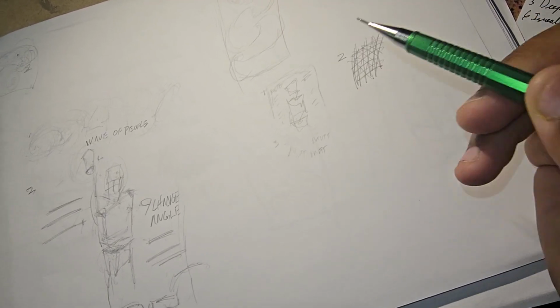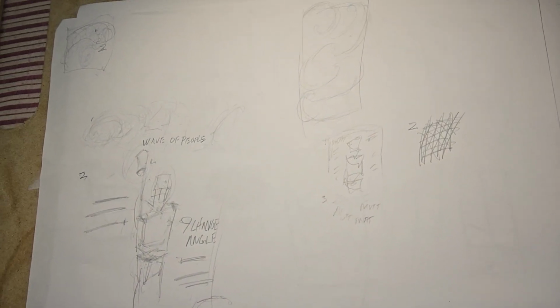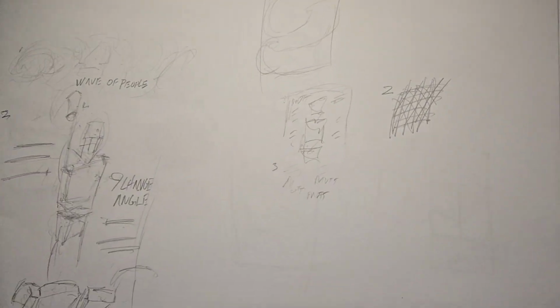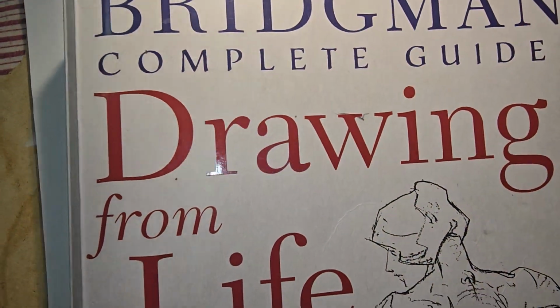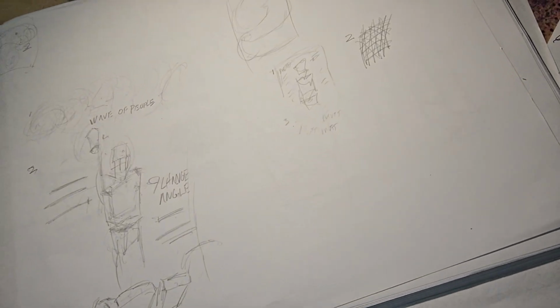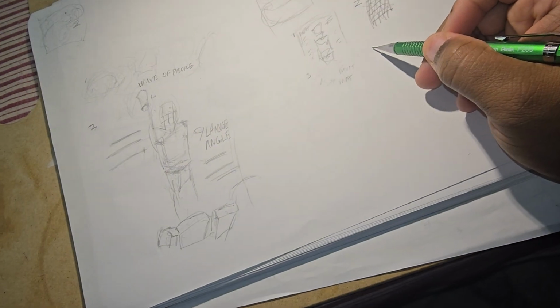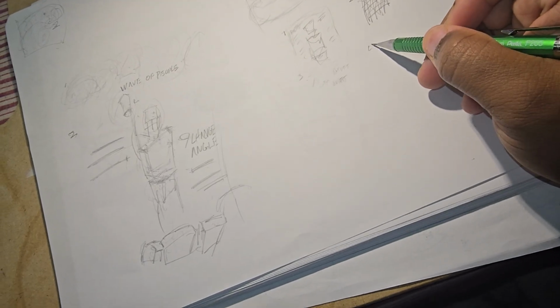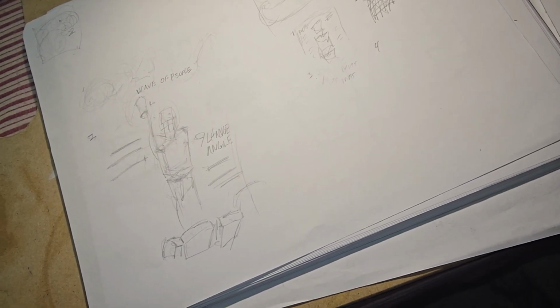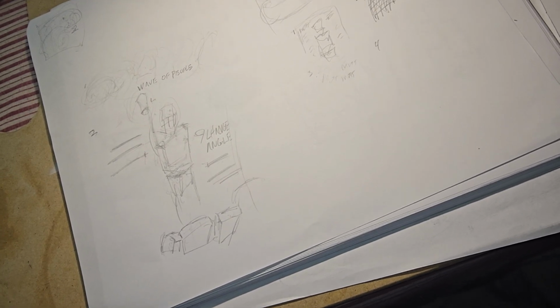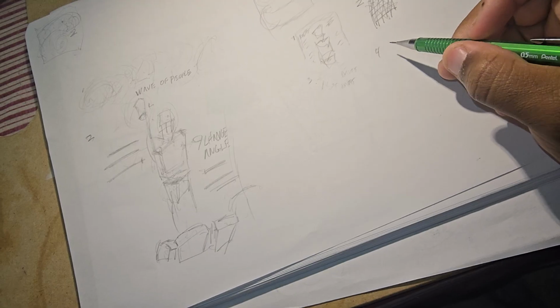Meaning one day I might go back to Bridgman and what I did with my pencil that far in black and white, and then I'll go back to the inking stuff and try to get better at that, and then I'll go back to this and finish out these 3 pages, and then if you like that, we continue on with more pages, and then I'll do some other stuff.